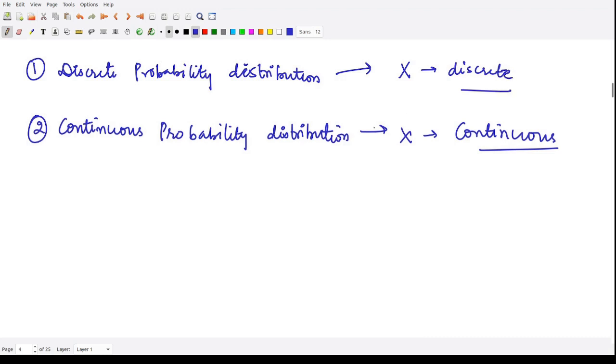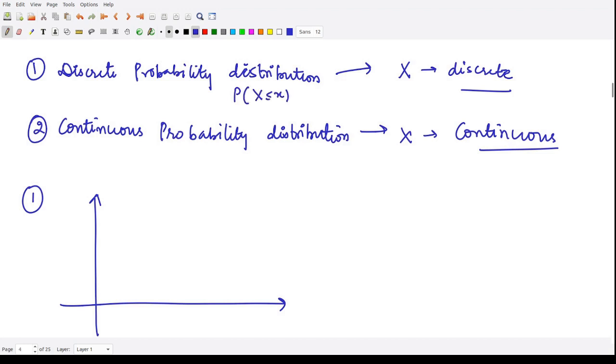Graphically, if you look at these two, in the first case your graph would be something like this. The probability distribution is represented by some function f of x, or you can define it to be P of capital X less than or equal to some x quantity. Here the variable x is discrete in nature, and in this case the variable x is continuous.